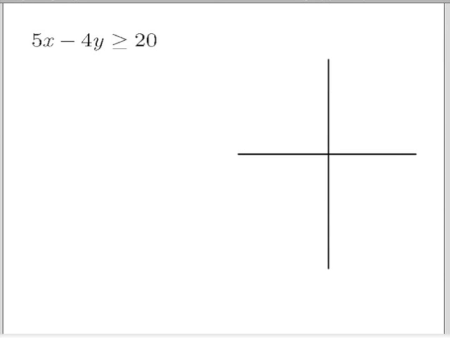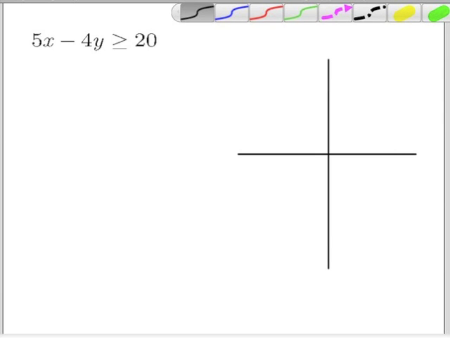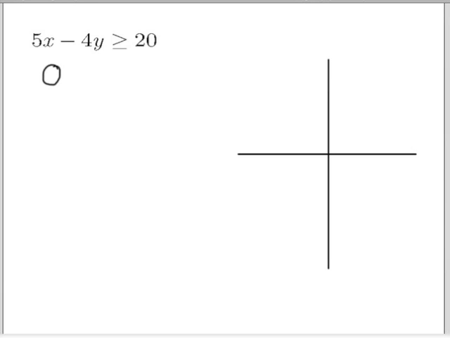I can graph when x is 0, I get negative 4y equals 20, so we get y is negative 5. Then we can get 0 for y and say 5x equals 20, so x has to be equal to 4.